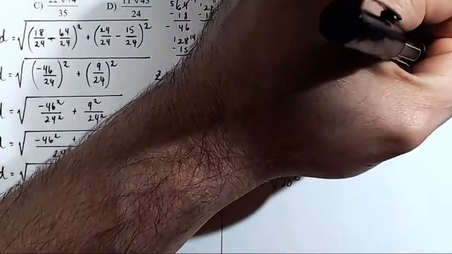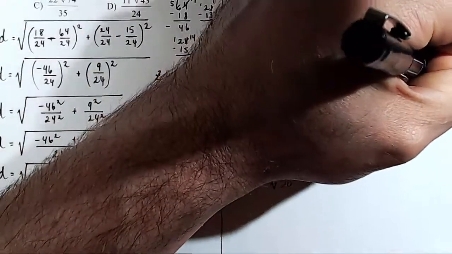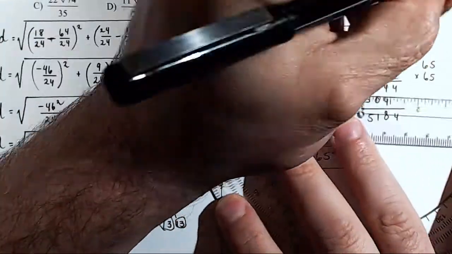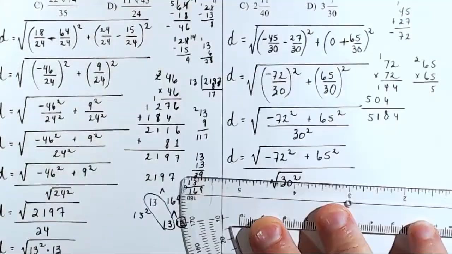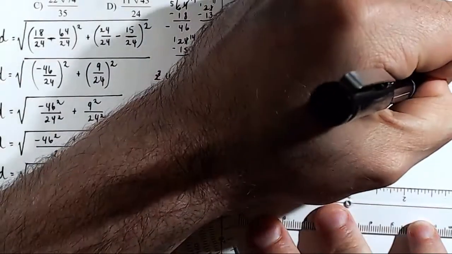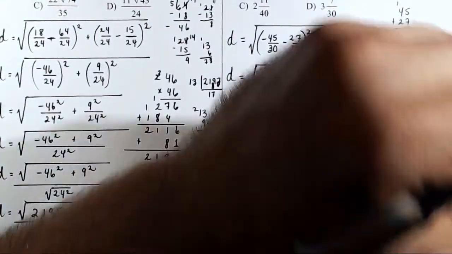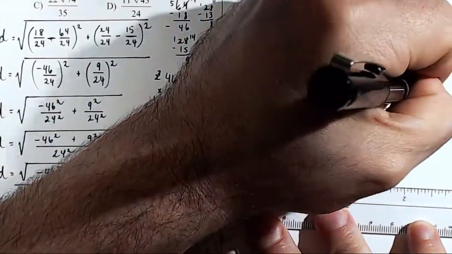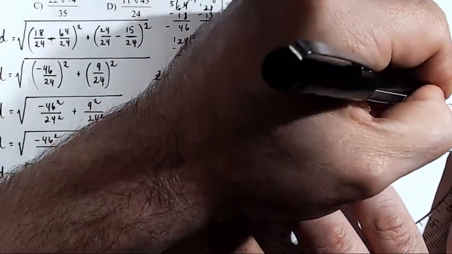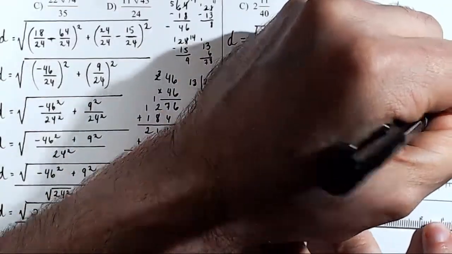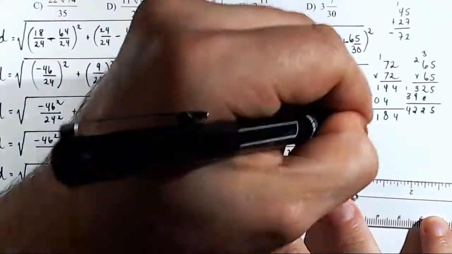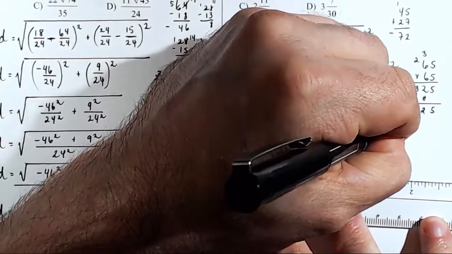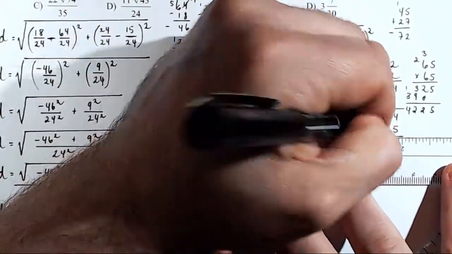And now I got to do 65 squared, and don't forget to add them together. 5 times 5 is 25. 6 times 5 is 30 plus 2 is 32. 5 times 6 is 30. 6 times 6 is 36 plus 3 is 39. So we got 4, 2, 2, 5. So now I need to add 4, 2, 2, 5 to 5, 1, 8, 4.